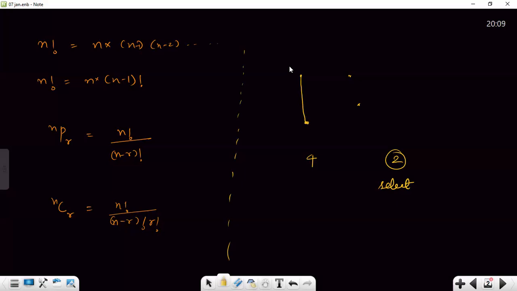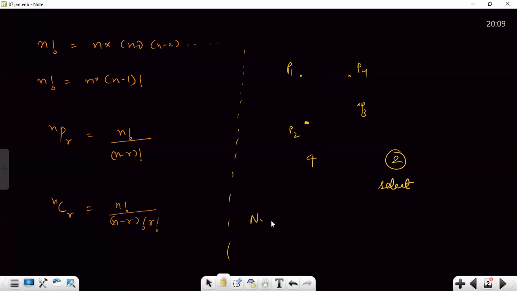Let's name these points. If I select P1 and P3, then this is another straight line. So with each and every selection of 2 particular points, we'll have a different straight line.